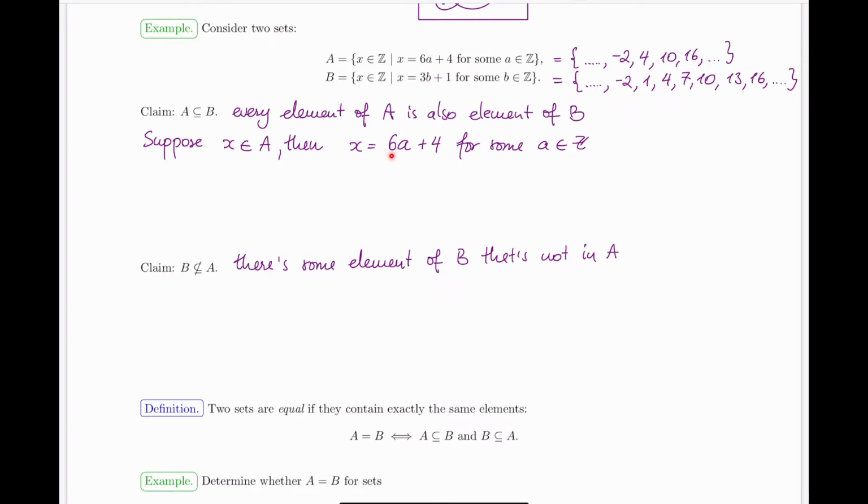Well, 6 is 3 times 2, so this 3, I can at least see where I can get it from, but 4 and 1, maybe let's split it up. So first I'm going to say it's going to be 6a plus 3 plus 1. Okay, I haven't changed the expression. 4 is indeed 3 plus 1. I'm pretty confident in that.